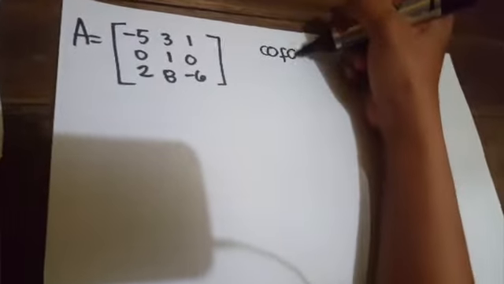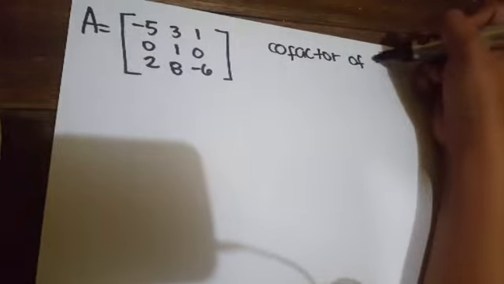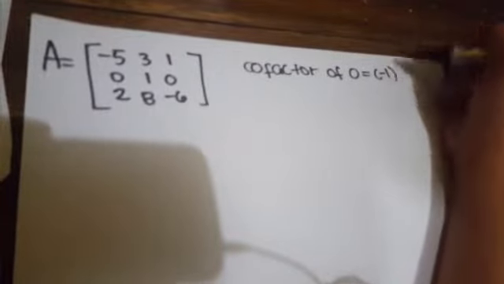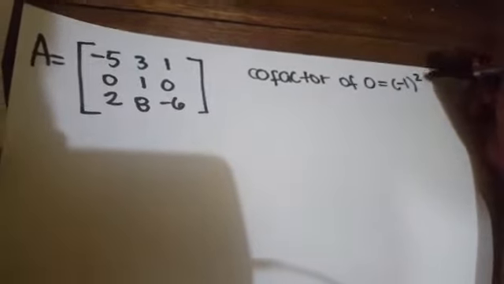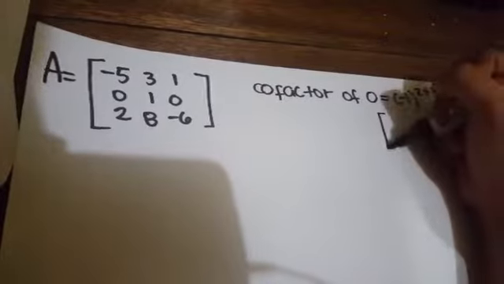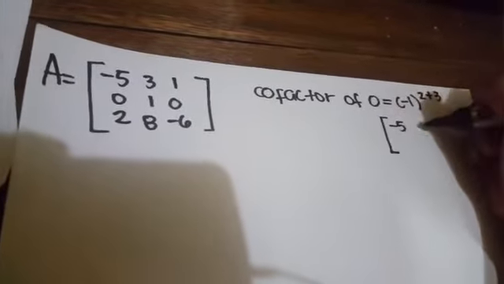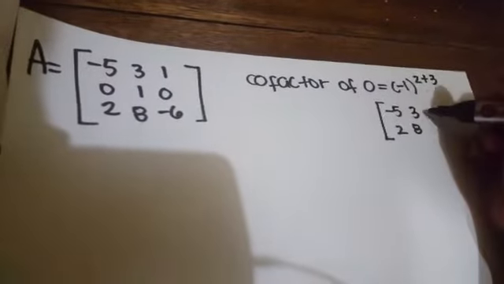So for the cofactor of the other 0, negative 1 raised to 2 plus 3, for the row and the column, multiplied by the minor, negative 5, 3, 2, 8.